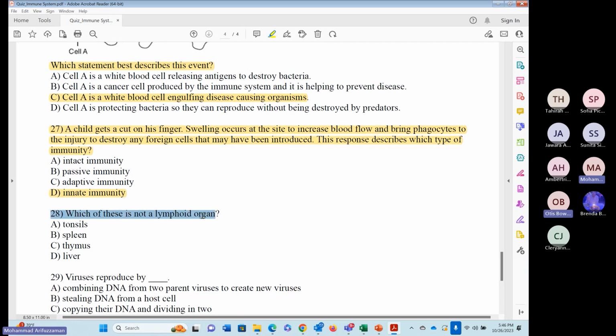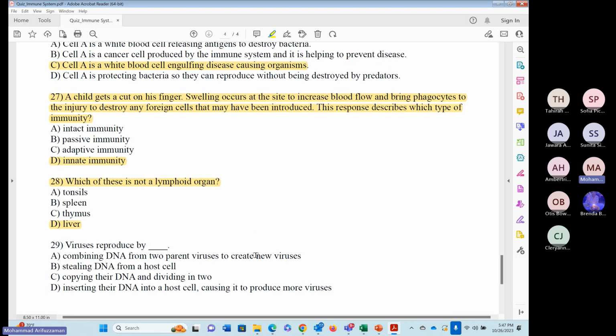Which of these is not a lymphoid organ? The lymphoid organs are important for the maturation of some lymphocytes, and they also filter the lymph. The answer is D. The liver is not a lymphoid organ, because the liver is a metabolic organ and metabolism takes place mostly in the liver.